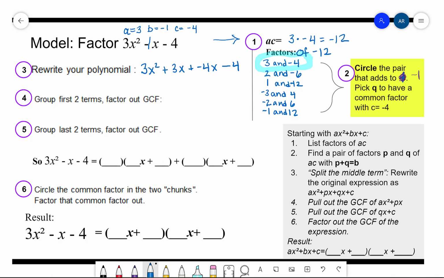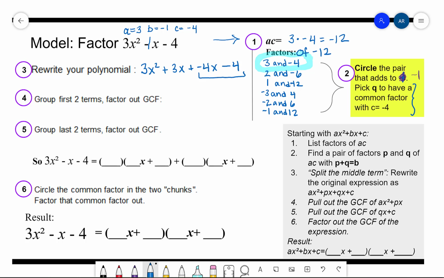I want q to have a common factor with the last term. I know the last term is just a constant. So when I split p and q, if only one of them happens to have a common factor with the constant term, then q should be that one. So I picked negative 4 for my q and wrote the negative 4x last, because that means these last two terms have a common factor.